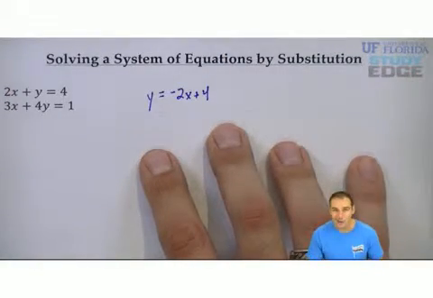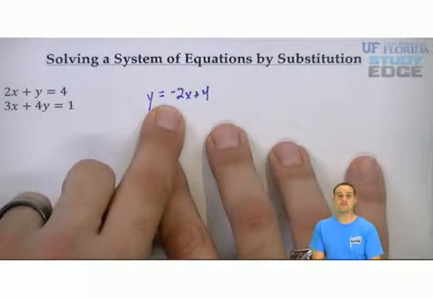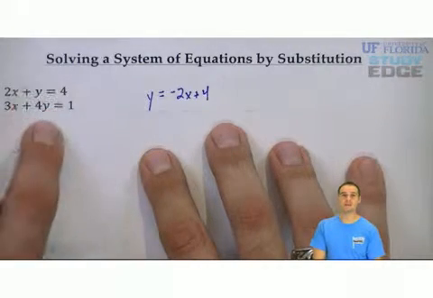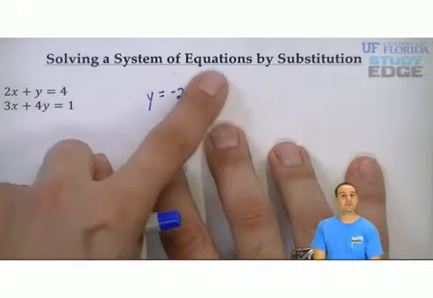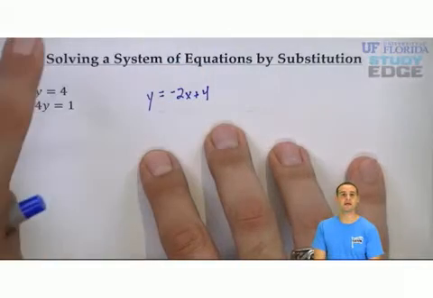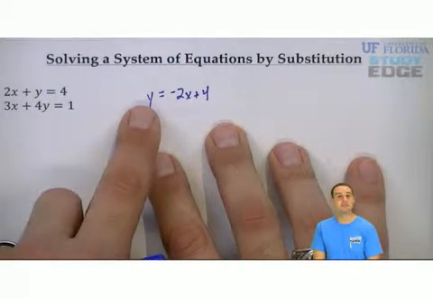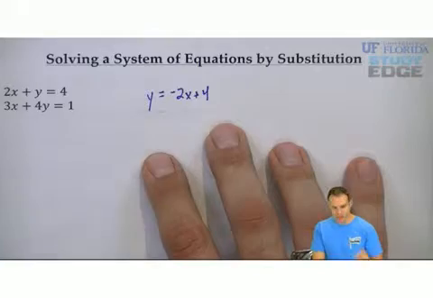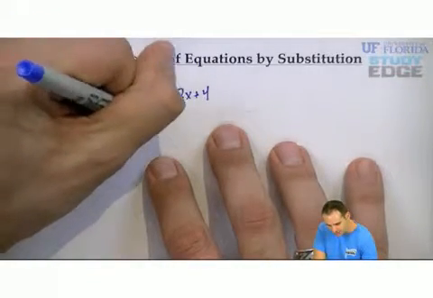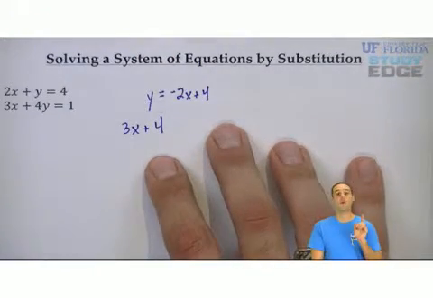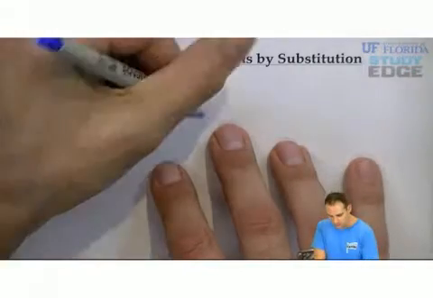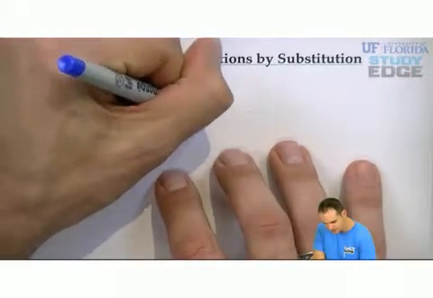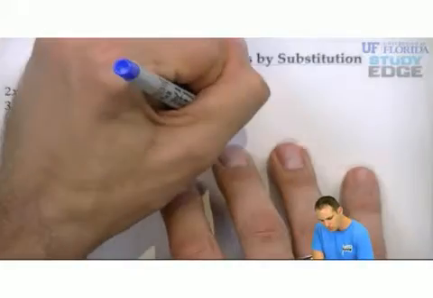Because now I have y equals, and the other equation has a y, I can substitute in negative 2x plus 4 into this y because that's what y equals. I would have 3x plus 4 times y, which is also equal to negative 2x plus 4, equals 1.